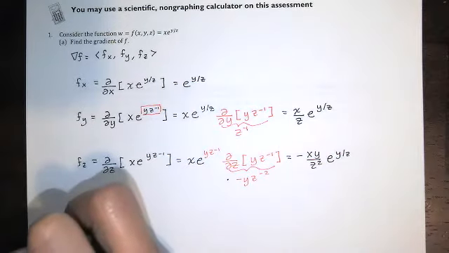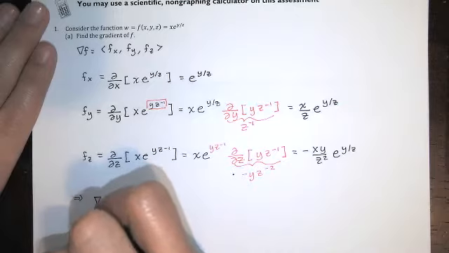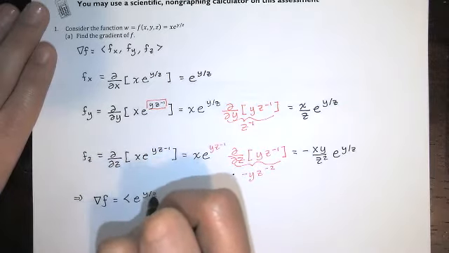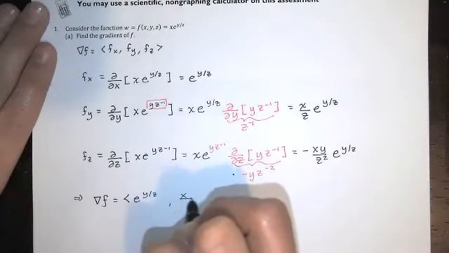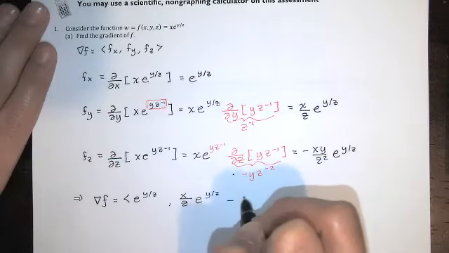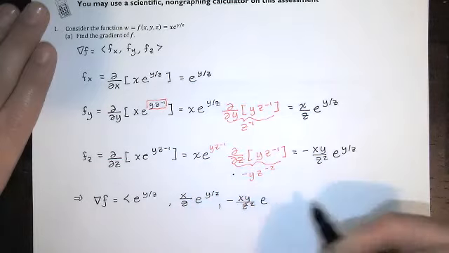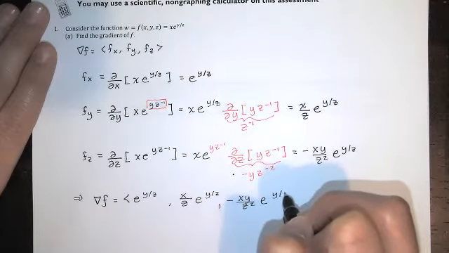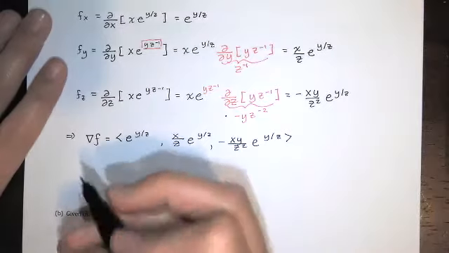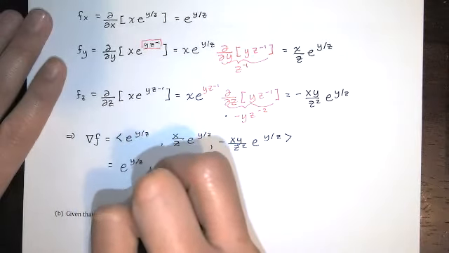So that's the gradient, or those are the components of the gradient, that, and that. The gradient is a vector, so we're not done until we state our vector. You can use this notation, or if you prefer, you can write everything in terms of i hat, j hat, and k hat, same thing.